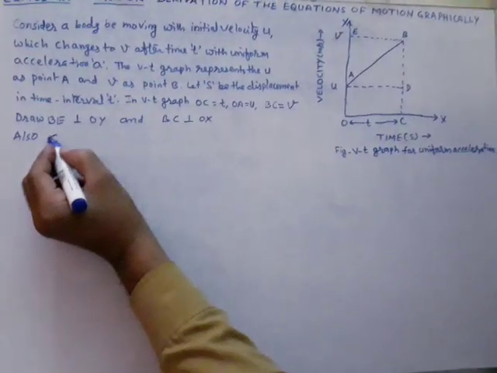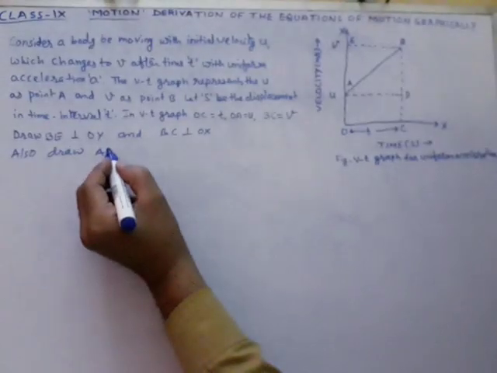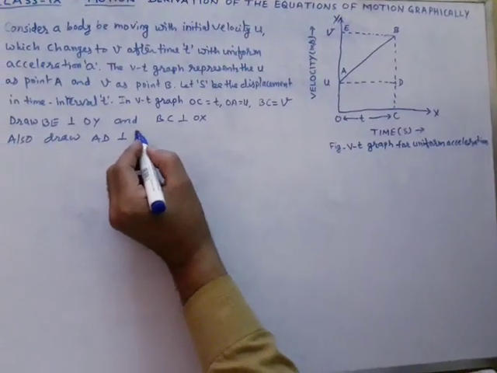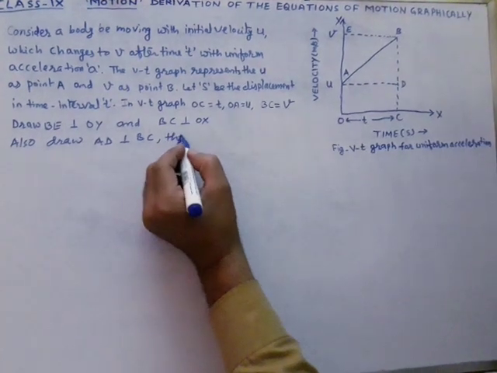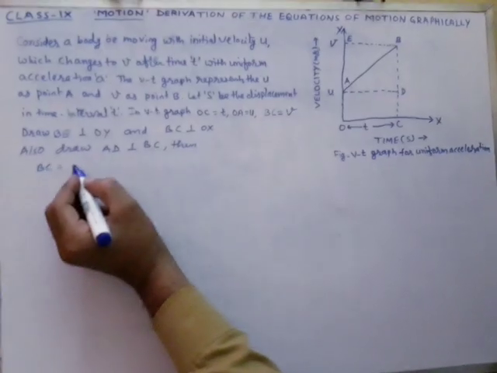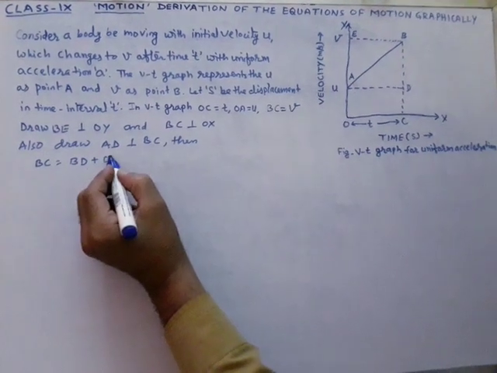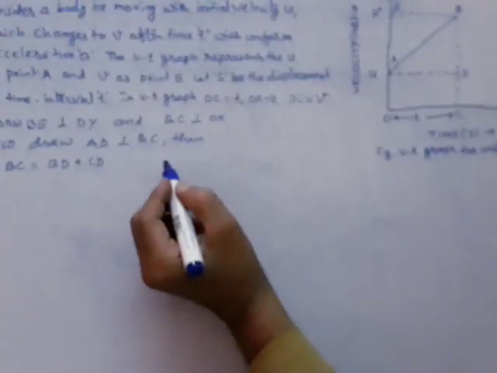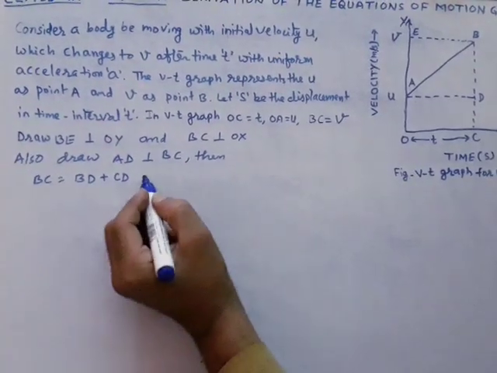Also draw AD perpendicular to BC. Then BC is equal to BD plus CD.